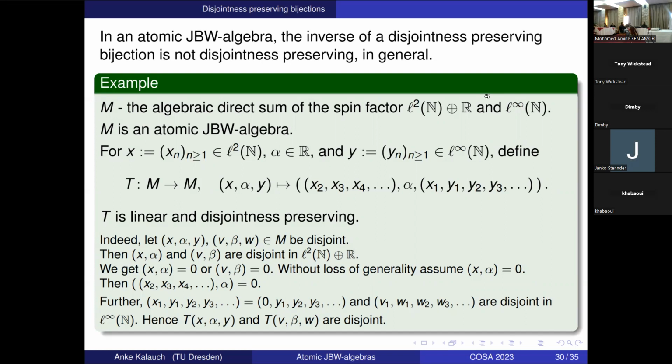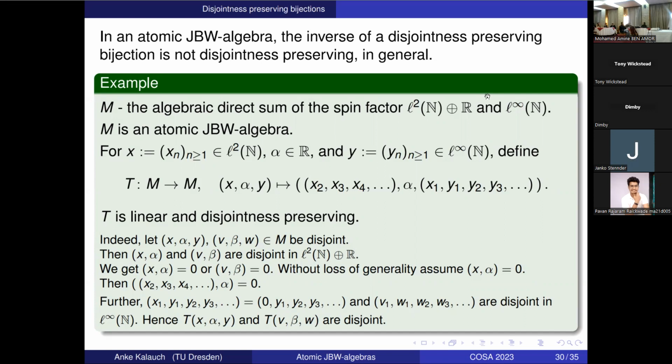And here is an example that it is not true in general. Take this very simple JBW algebra, a spin factor, direct sum of L2 and R, and then L infinity, and direct sum of those two, of the spin factor and this L infinity.